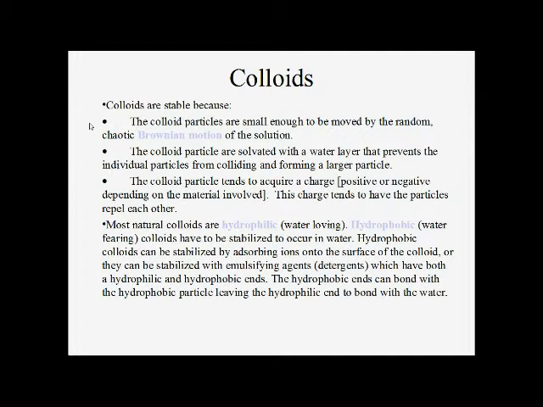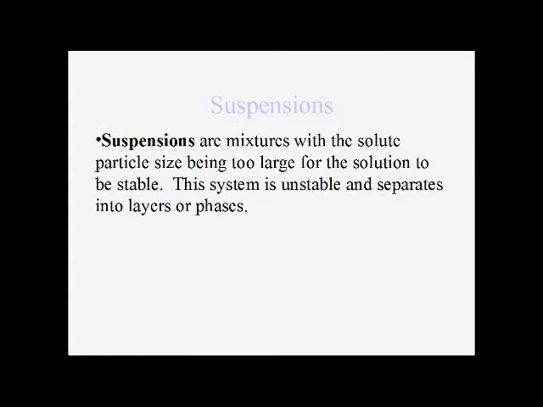If we use light to be able to see a colloidal particle, we'll see it is in constant motion, but it's constant random motion. If the particles get larger, then they will no longer stay in solution. So if a particle will fall out of solution, then we have a suspension.